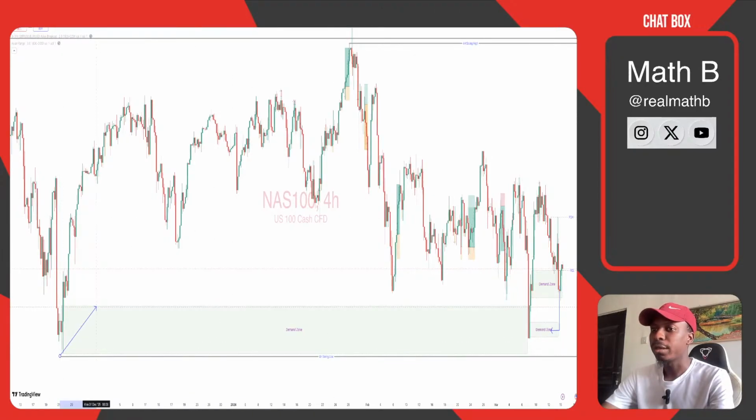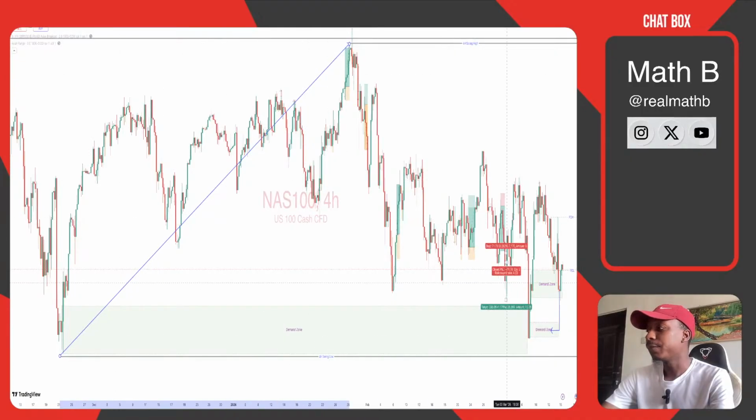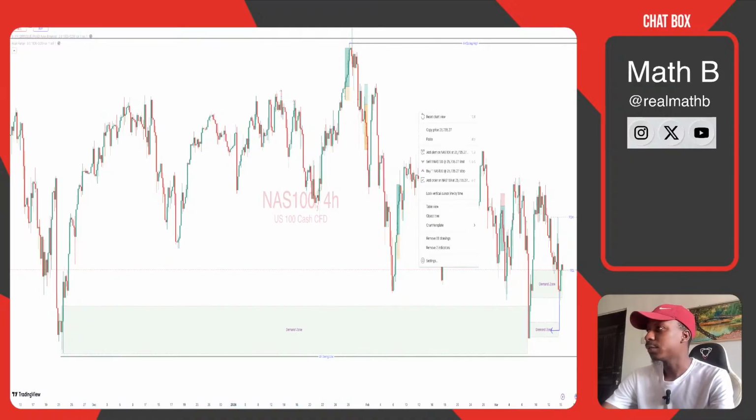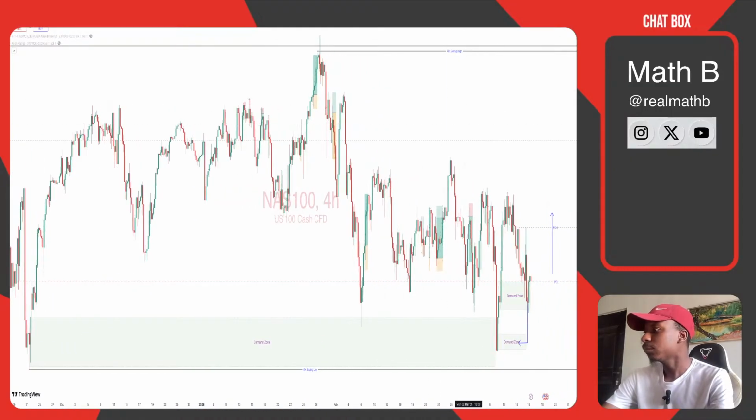So from here to here, for example, we have not yet broken out of either of these. If NASDAQ should break down to the downside, then we can start looking for long-term sells. Or else, if it's reacting to this area, then potentially there will be buying activity from this level.